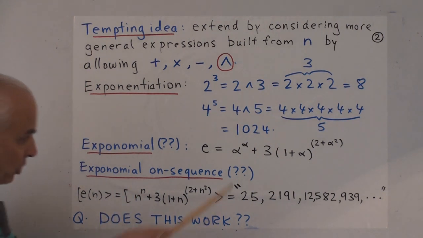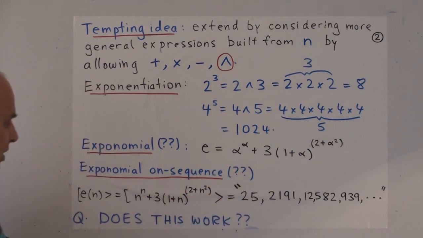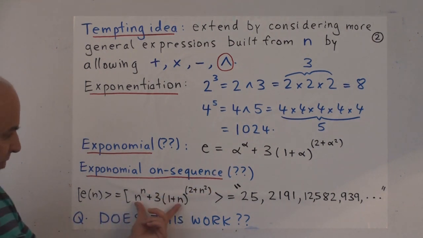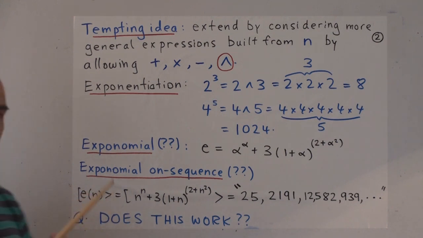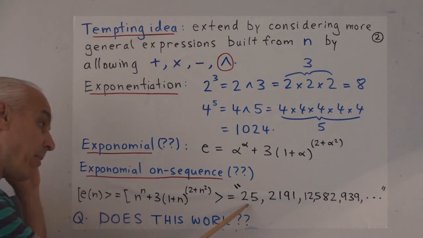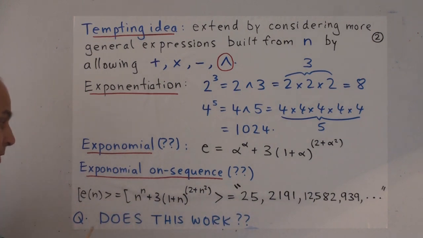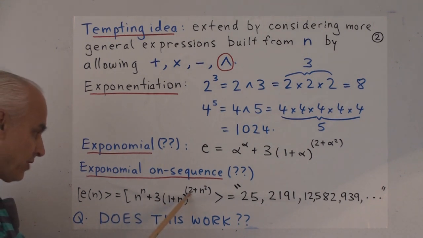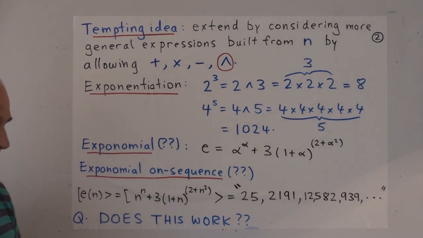So for example, associated to this object, we could consider the on sequence E of n, where we replace the alphas with n's. And then this expression is to be thought of as something that's generating integers. The first one is obtained by replacing the n with a 1. That would be 1 to the 1 plus 3, times 1 plus 1, which would be 2. And 2 plus 1 squared would be 3.